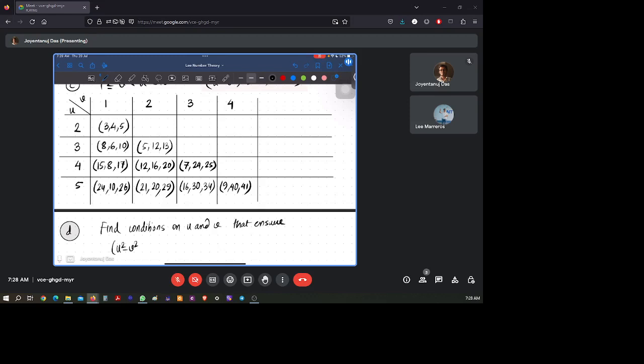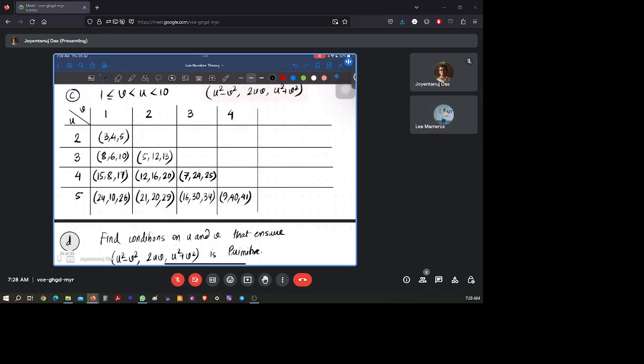So any pattern you can see from the table? u is always greater than v, that is always there.